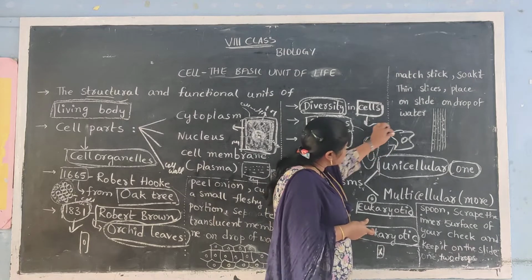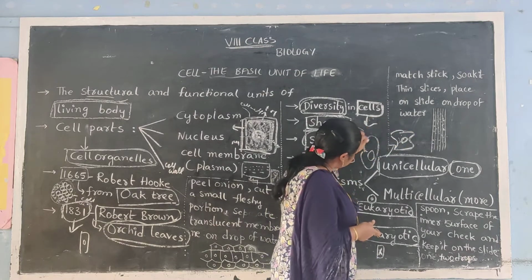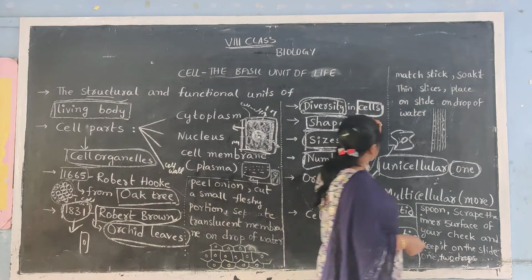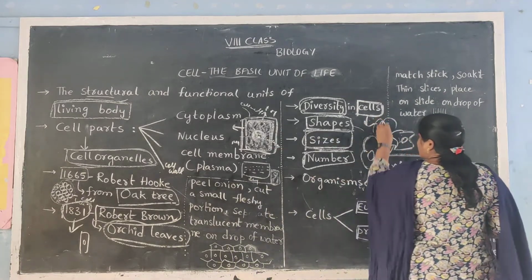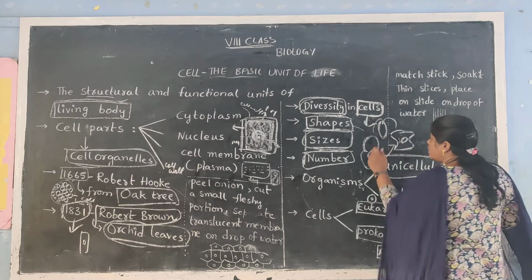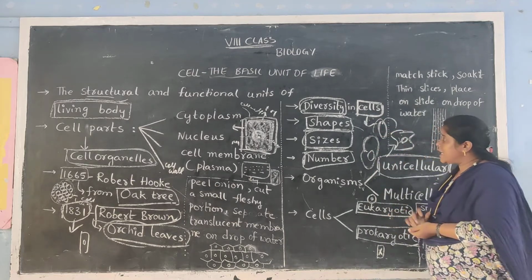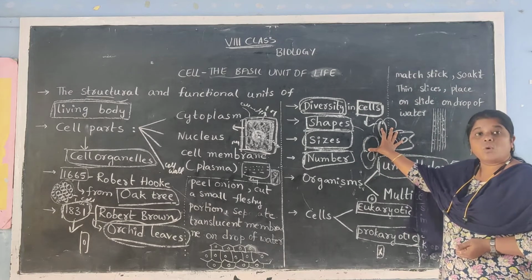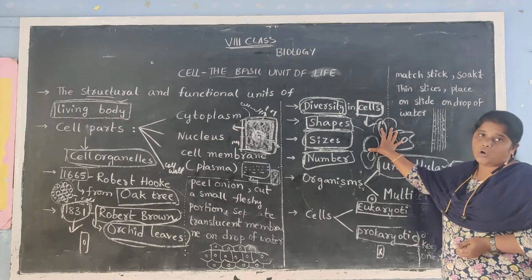You can observe the shape is different. If you compare these two, this one is in a zigzag fashion. This is looking like a slipper. If you take Chlamydomonas, it will be like this. So this is of different shape. By this, we can understand that there is diversity in cells. The shapes of cells will be different from one organism to another organism.